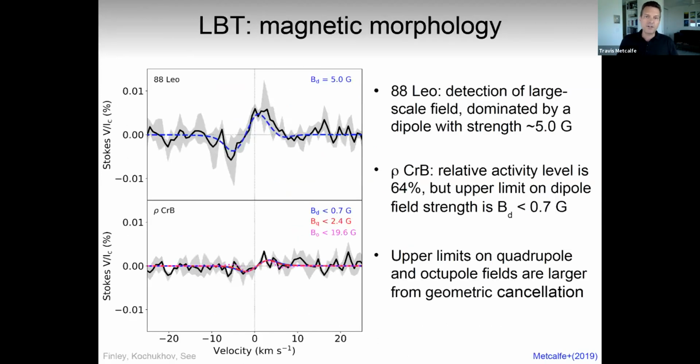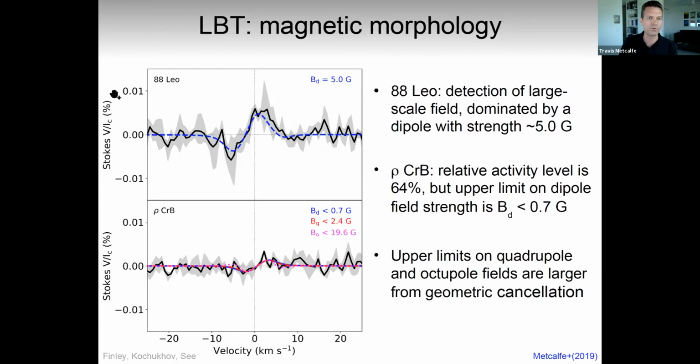Okay, so the Large Binocular Telescope gives us measurements and limits on the magnetic morphology. These observations were obtained in 2019. This shows the degree of circular polarization across the line profile. And what you see is a signature of a dipole magnetic field in 88 Leo, a very clear detection.